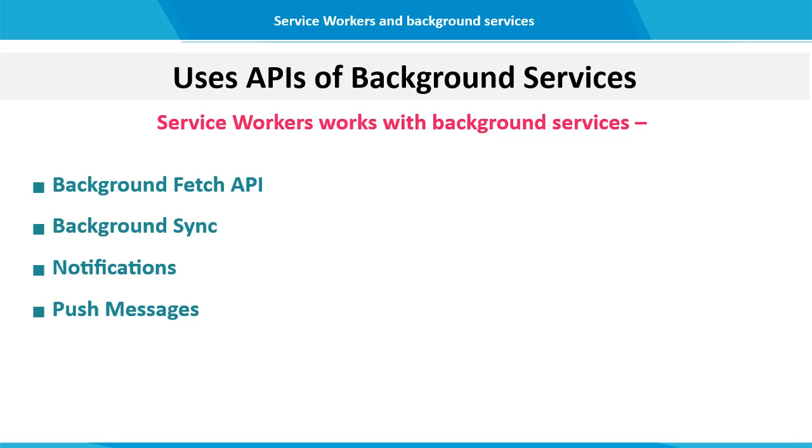To display a push notification to the user, a service worker uses the push message API to receive data from the server. Then, when the service worker is ready to display the notification, it uses the notification API. In this way, a service worker works with background services.